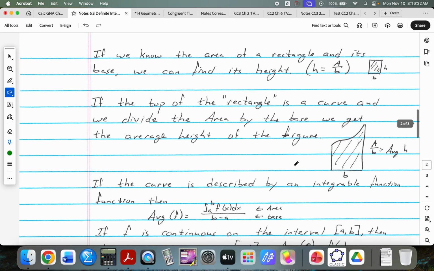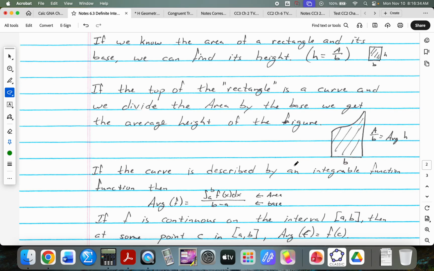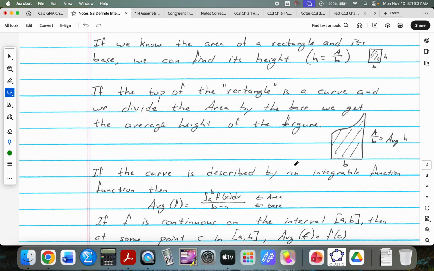All right, page 2. So going back to basic geometry for just a second, if we know the area of a rectangle and its base, we can find its height. The height would be the area divided by the width or the base.